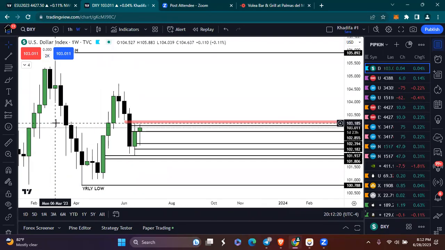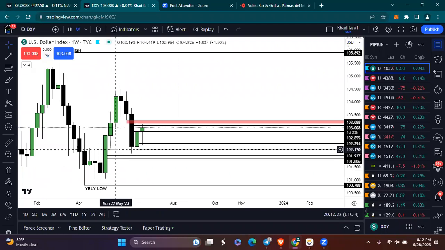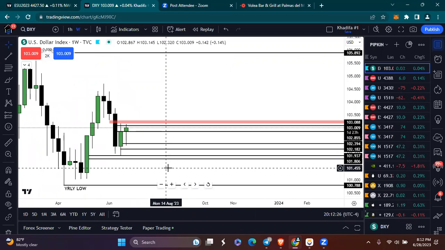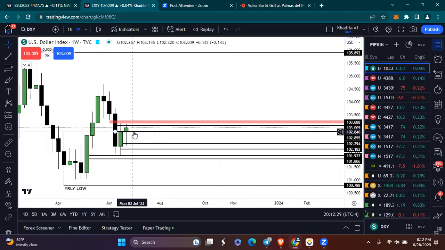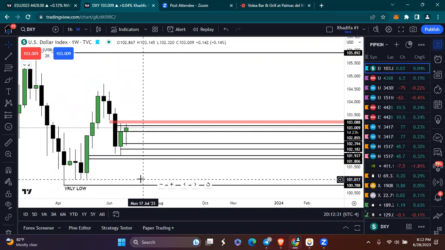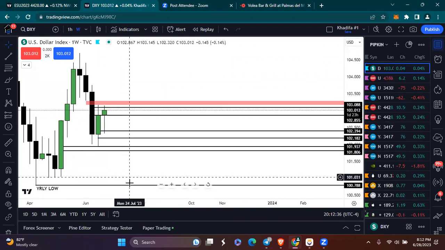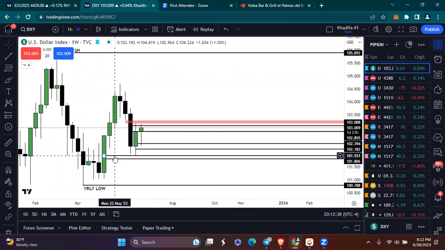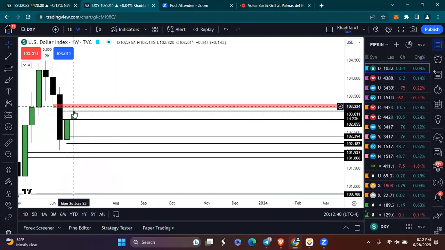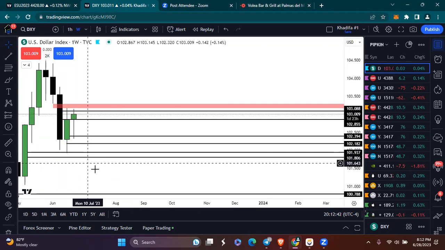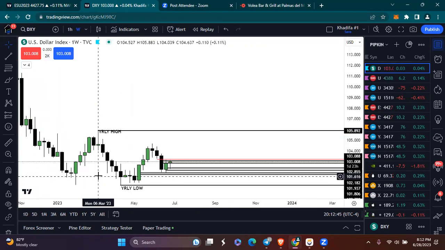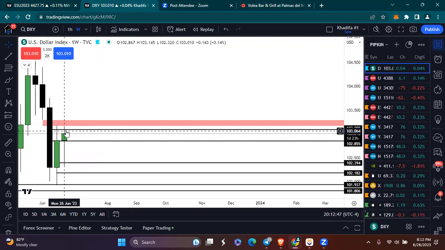I want to see if we can get above that. If we can't get above that, then I'm going to continue to be bearish on the dollar and see if we can make our way back down to the yearly lows. But if we're going to go lower, we do want to see price go higher first.